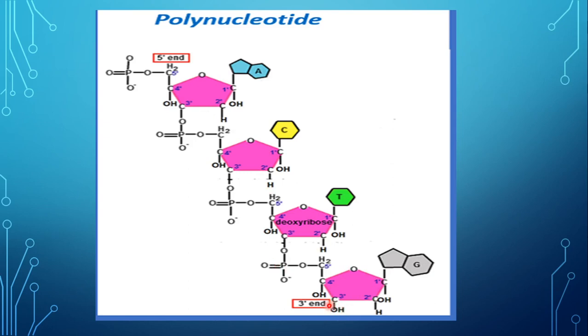This end is considered the 3' end, which is not bonded to any phosphate. And obviously the other side where we have the free phosphate will be called the 5' end. So we always mark the polarities 5 to 3, 3 to 5. We mark the polarities of a polynucleotide chain.